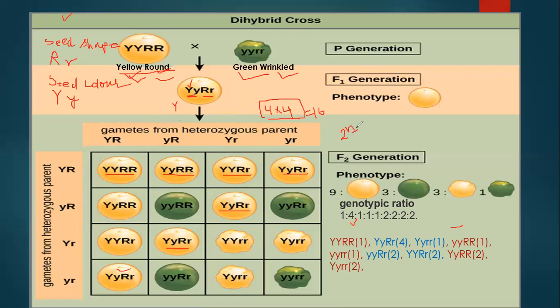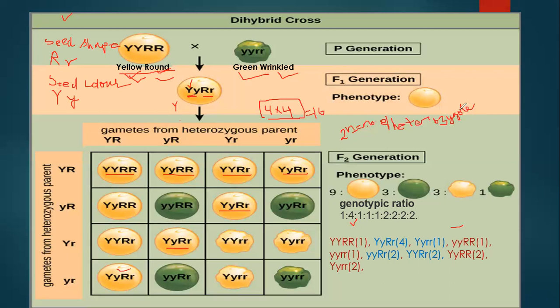And n is nothing but the number of heterozygotes. How will we see that?